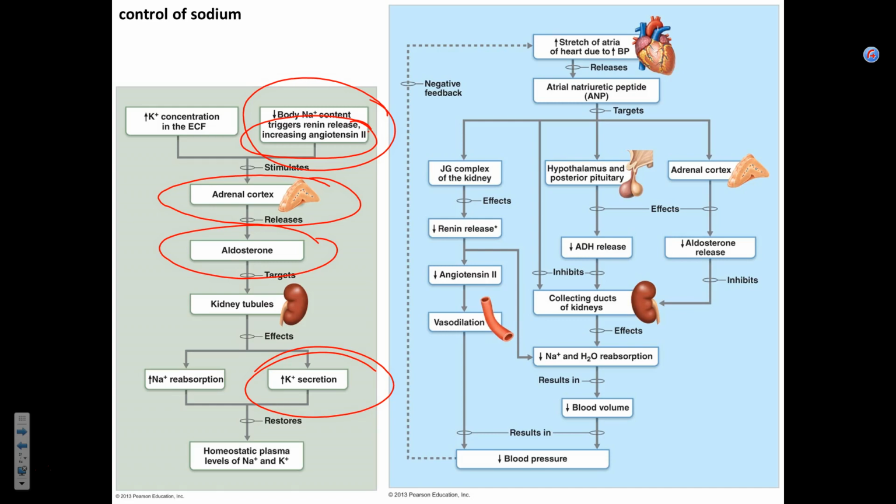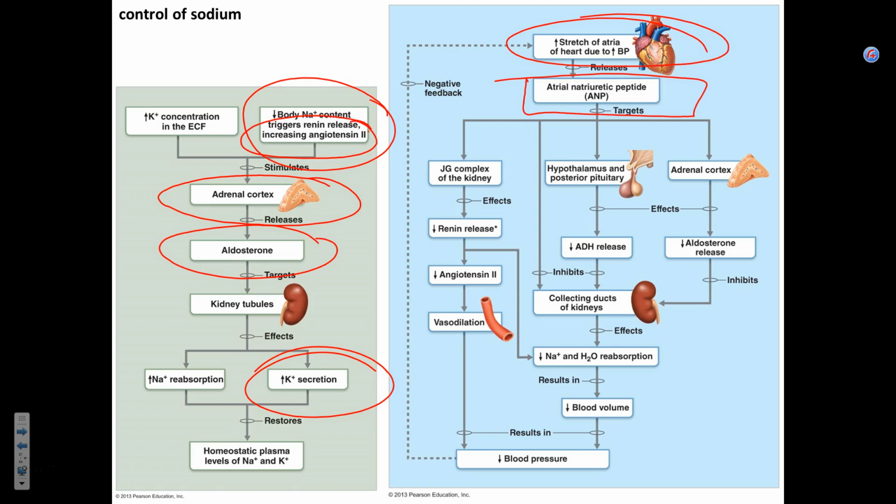Okay? Now, when your blood pressure increases, the hormone called atrial natriuretic peptide is released from the atria of your heart.